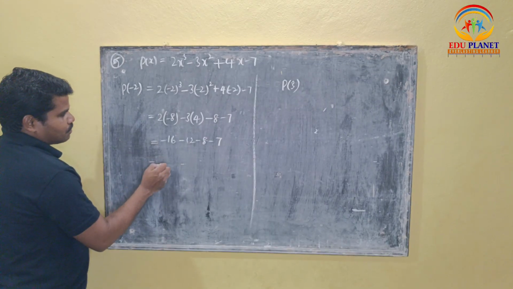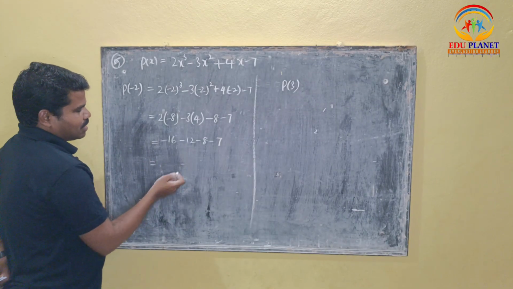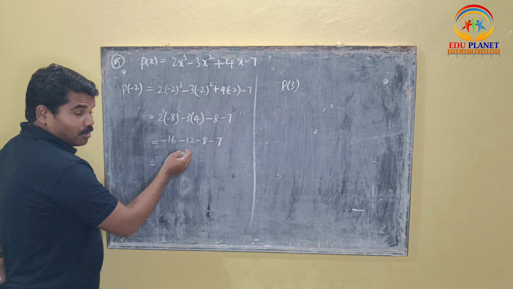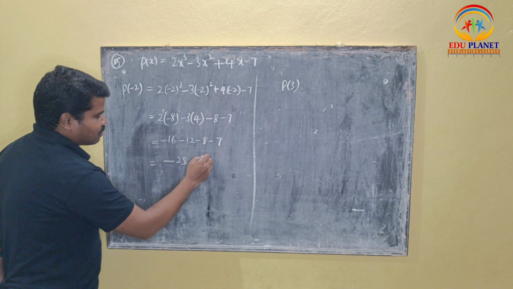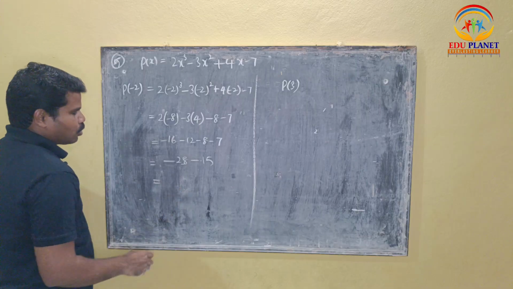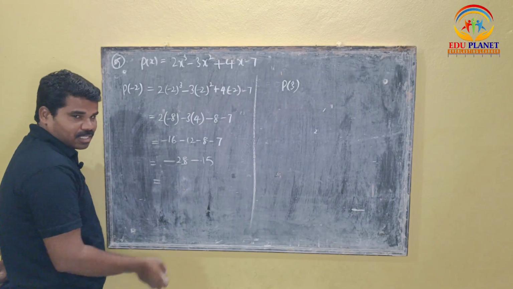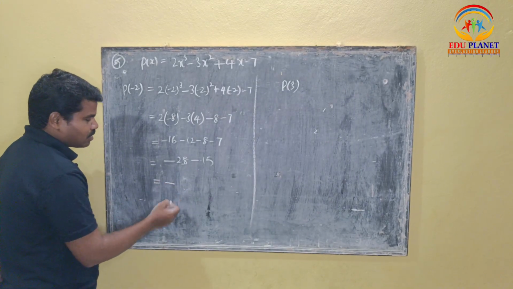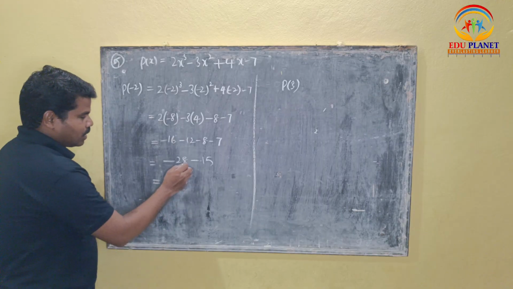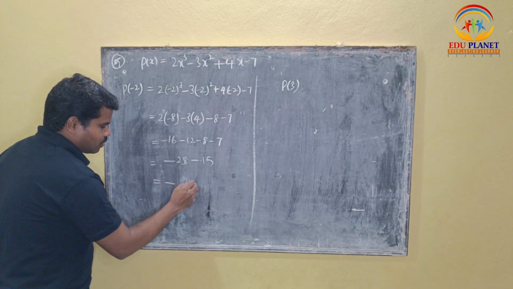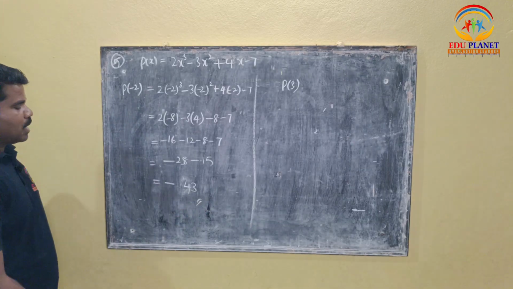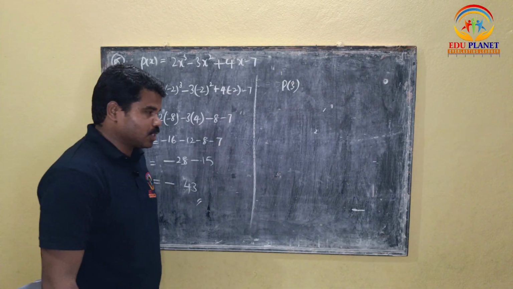Next, minus 16 and minus 12 is minus 28, minus 8 and minus 7 is minus 15. Both values have the minus symbol only, so by keeping the minus symbol we need to perform the addition. 8 plus 5 is 13, 1 carried, 2 plus 1 is 3, 3 plus 1 is 4. So p of minus 2 value is minus 43.